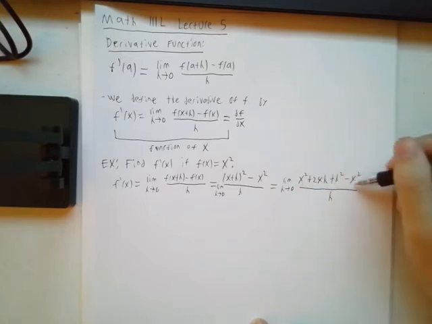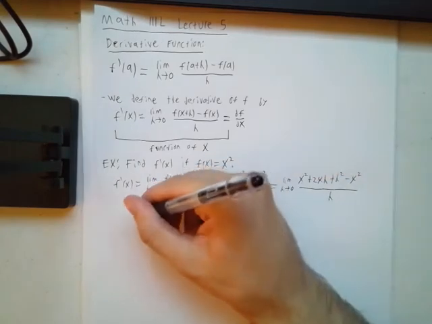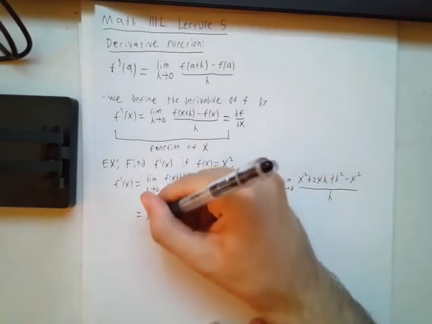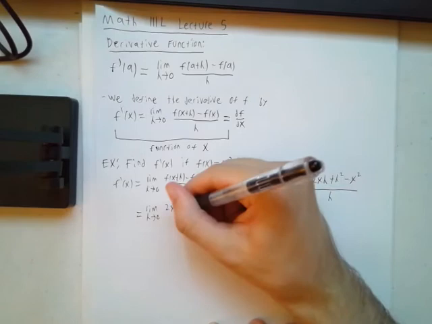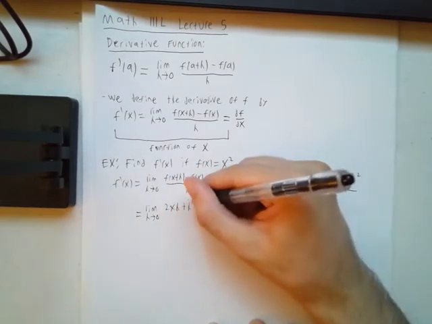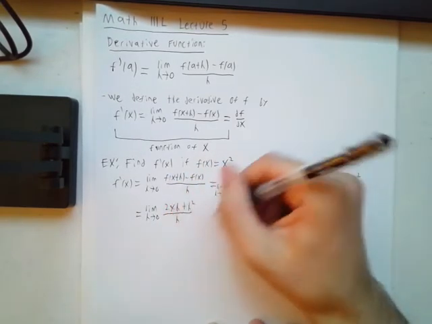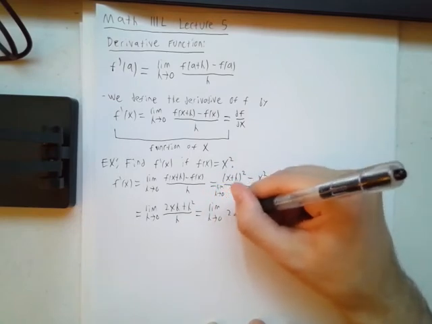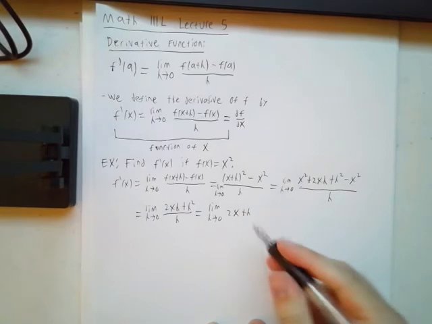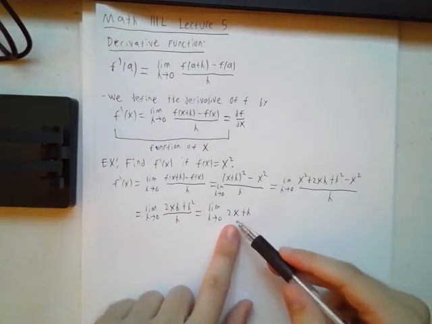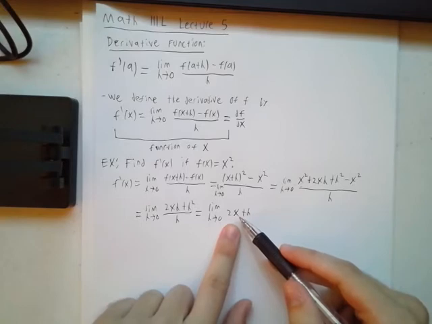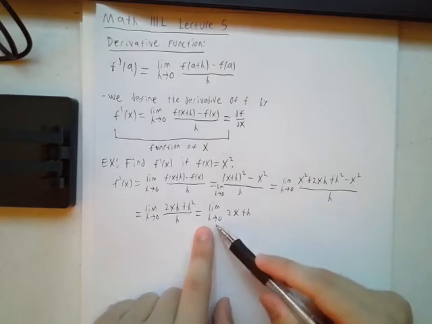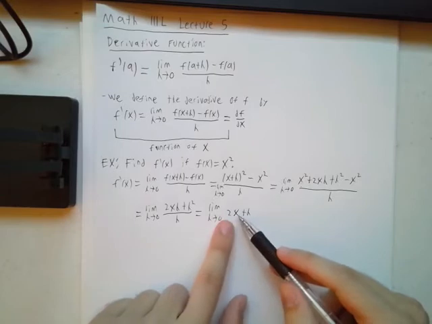But we can still cancel these x squareds to simplify this to the limit as h goes to 0 of 2xh plus h squared over h. Cancel an h from everything to get the limit as h goes to 0 of 2x plus h. And then here we have x, which is a variable. We don't know what the value of that is at this point. But notice the limit only depends on h going to 0. So this 2x is not affected by the limit at all.